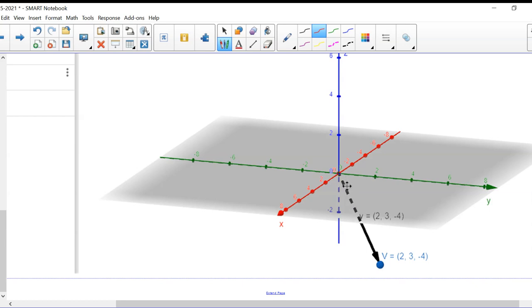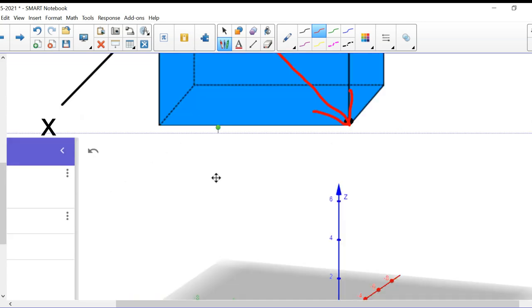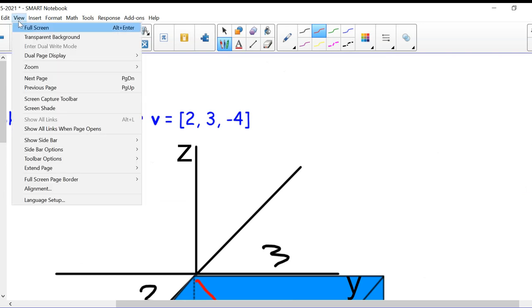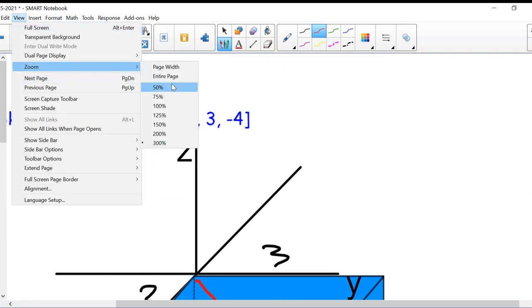But here it is pointing down here, which is 2 along the x-axis, 3 along the y-axis, and minus 4 along the z-axis going down. Okay, try to give you some perspective on that. Okay, all right, I'm going to have to shrink this back again because that's way too big.